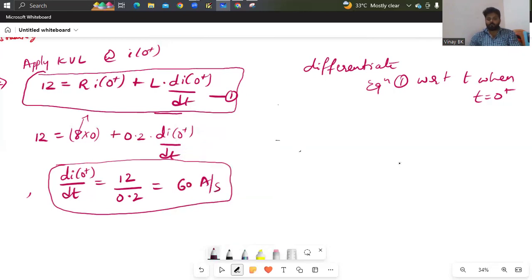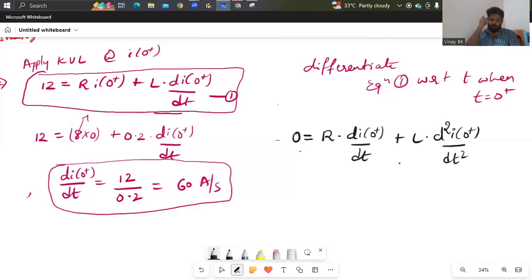So equation 1: 12 with respect to t is nothing but 0, equals R into the differentiation of I of 0 plus, that is dI of 0 plus divided by dt, with respect to t you are doing, plus L into differentiation of I, meaning double differentiation, that is d square I of 0 plus divided by dt square.